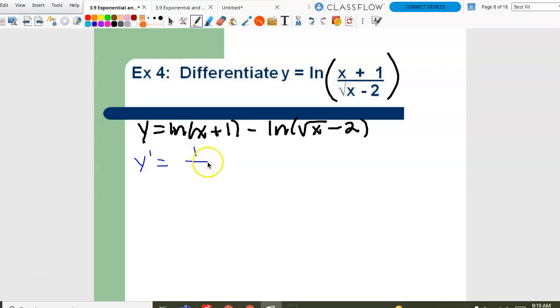So you get 1 over x plus 1 times a really nice derivative, minus 1 over the square root of x minus 2 times the square root of x derivative.